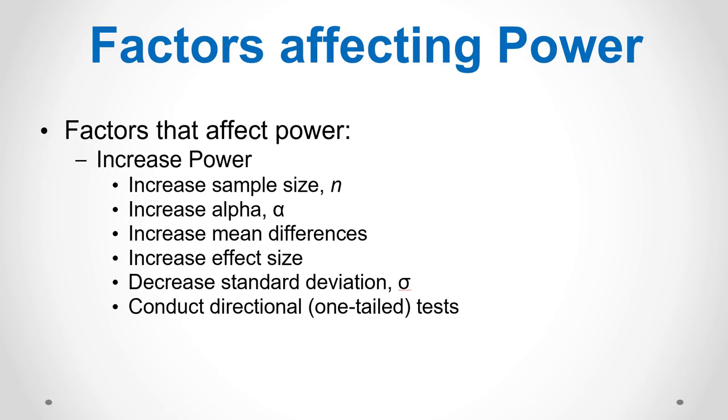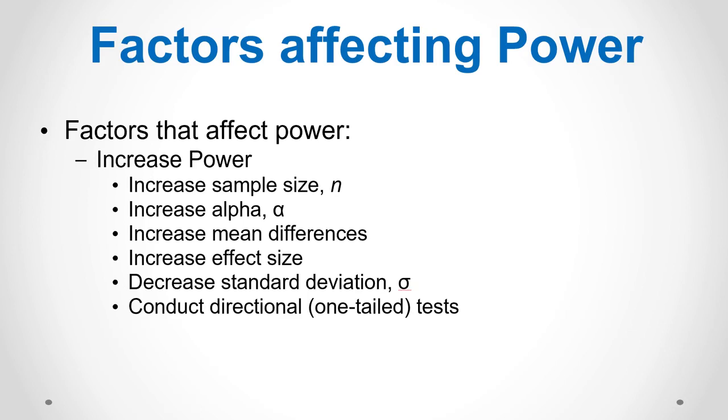Increasing sample size n decreases our standard error, increases the test statistic, increases the likelihood of rejecting the null, which will increase power, and vice versa. Decreasing sample size decreases likelihood of rejecting the null, which will decrease power.